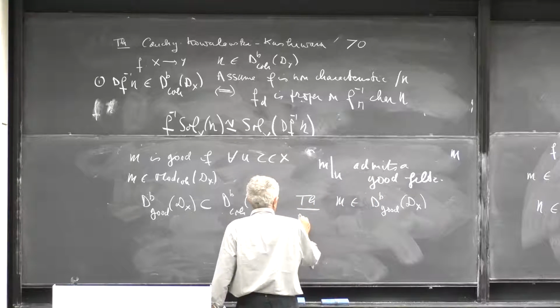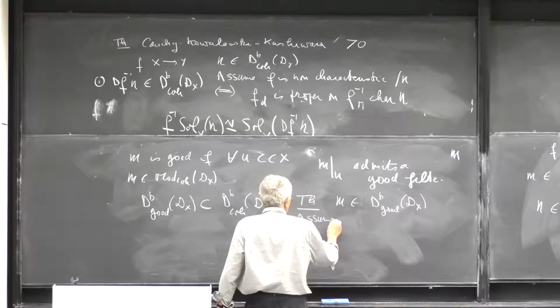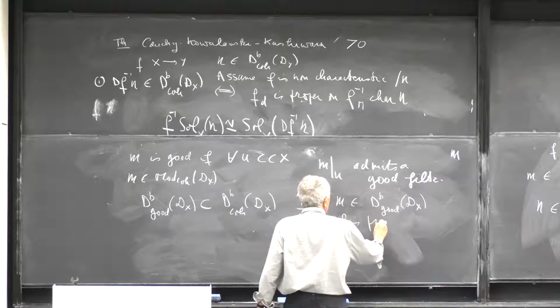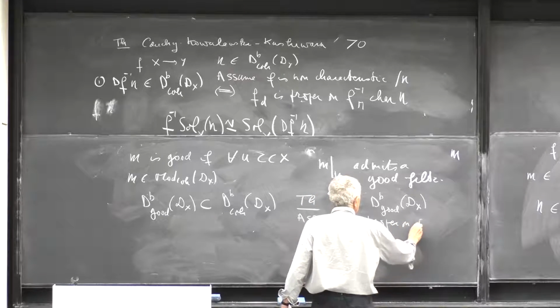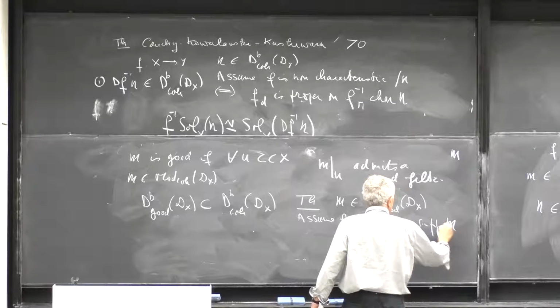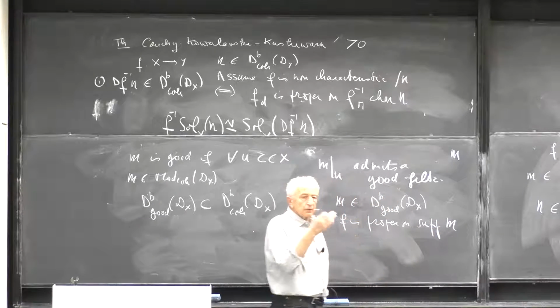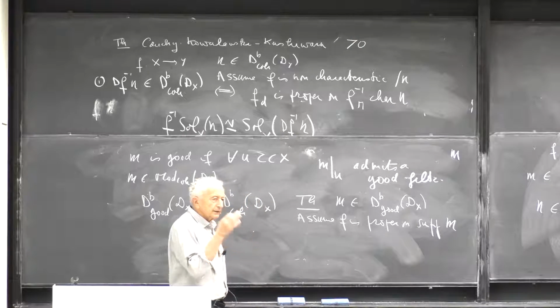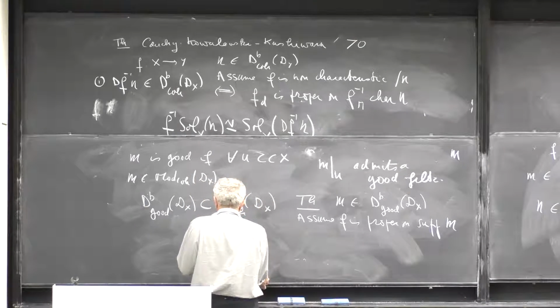And assume f is proper on the support of M. Okay. So when you integrate, you want compactness in the fibers. It's natural.